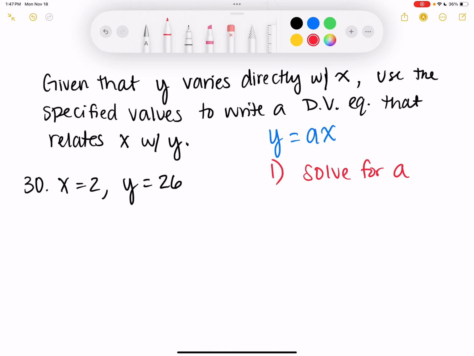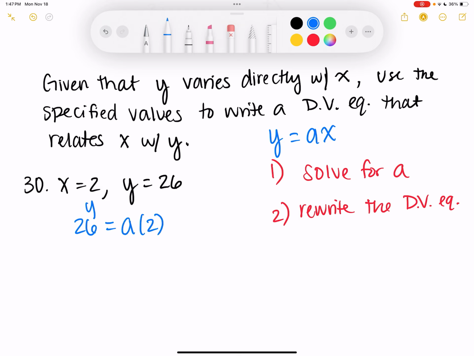So solve for a, then we are going to rewrite the direct variation equation. To solve for a, I'm going to plug in these two numbers. So I'm going to have 26 equals a times 2.